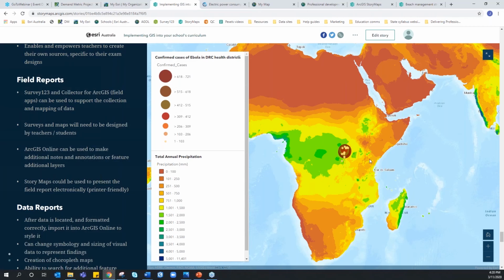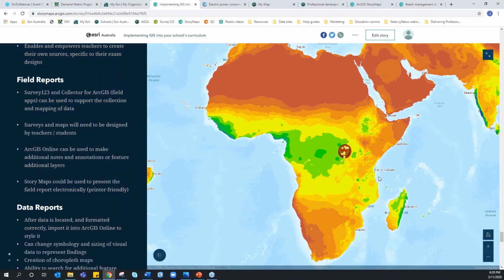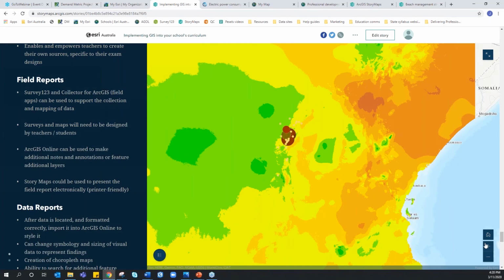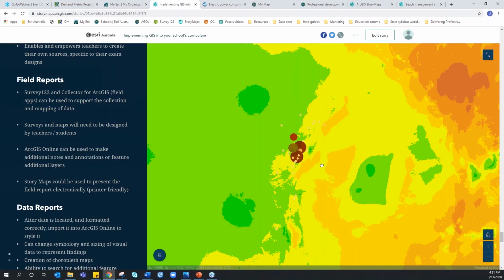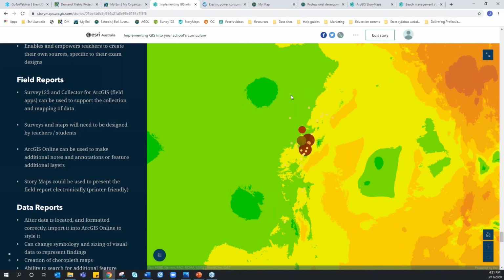And this particular layer, so the circles here, are the confirmed cases of Ebola in the Democratic Republic of the Congo. If I scroll right in, probably pink wasn't the best color to use for the smaller circles now that I have a look at it. But they can add their own data to support identifying some of those relationships, those anomalies that might exist.